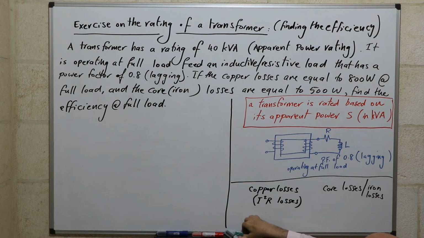The copper losses are variable, so they vary with load. So as the load changes, they vary, and the core losses are constant losses.